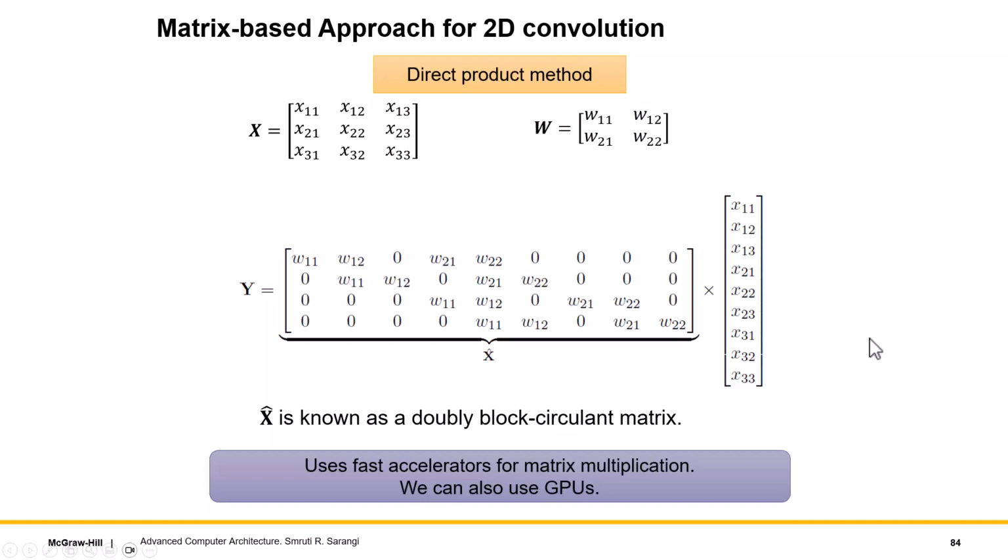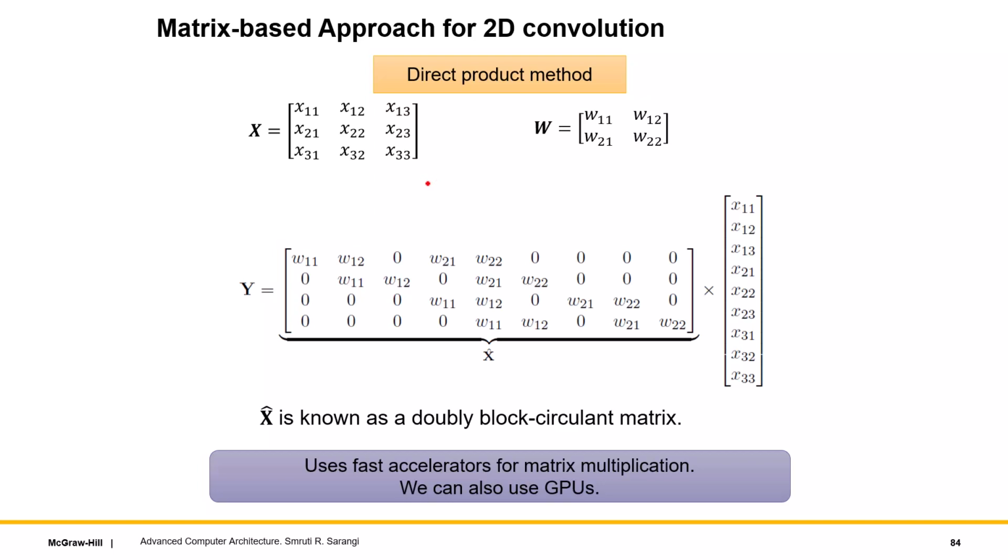In this case, we consider X to be a 2D matrix and W to be a 2D matrix of filter weights. The crux is to realize 2D convolution using a regular matrix multiplication.